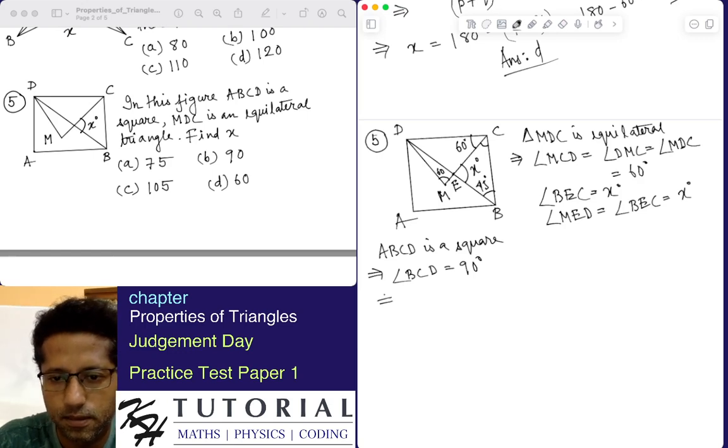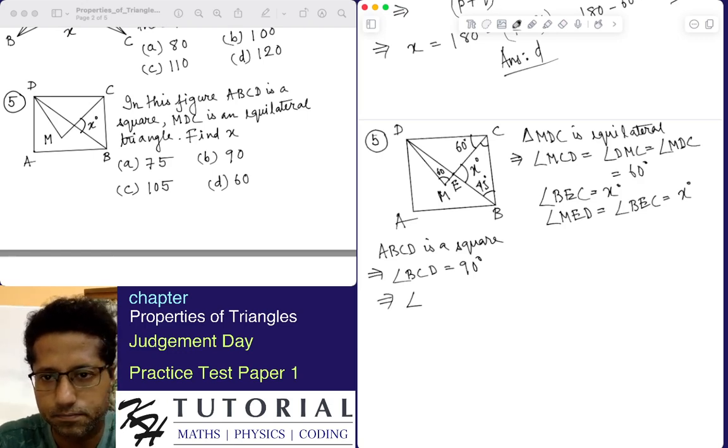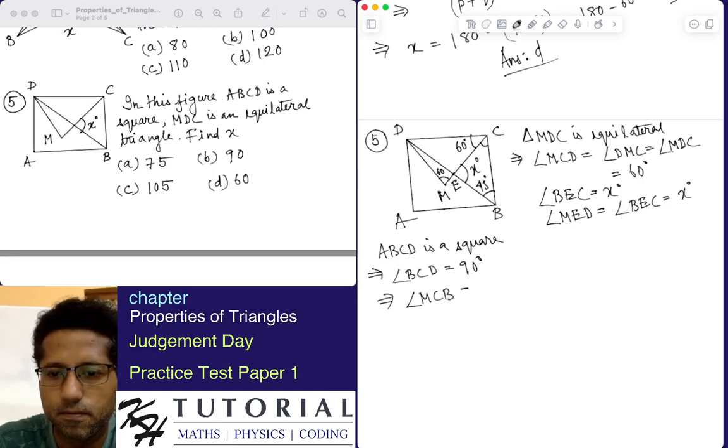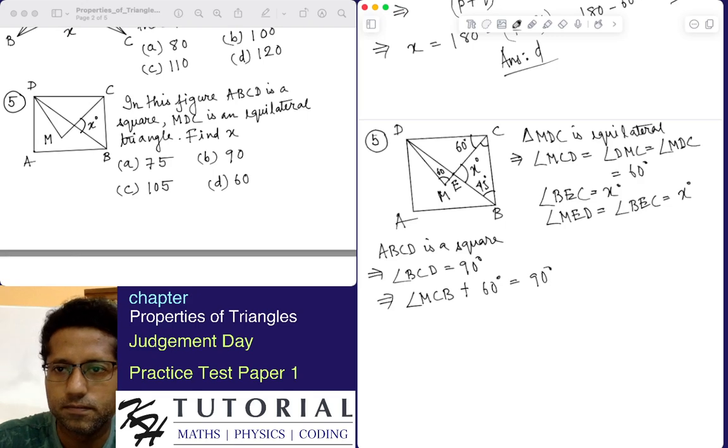This implies that angle MCB plus 60 degree has to be equal to 90 degree. That is, angle MCB plus 60 degree should be equal to angle BCD.